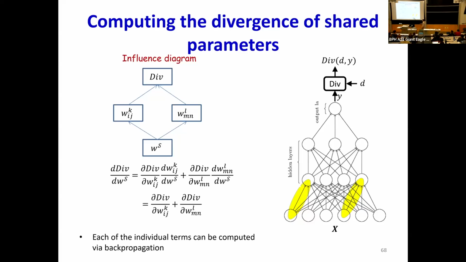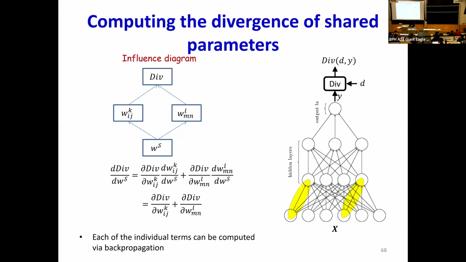What is the derivative of this term with respect to Ws? It's 1, right? Because you're saying Wij equals WLMN equals Ws. So they're all common. If 2 elements are identical, the derivative is 1, right?